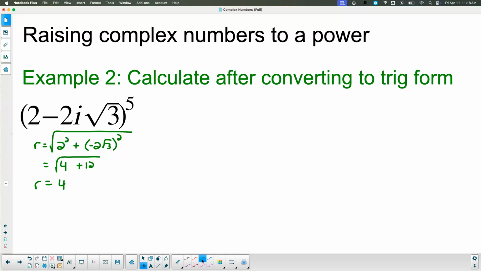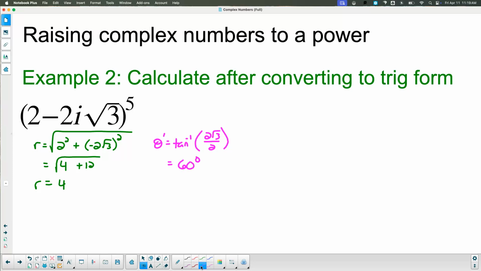Okay. Then I'd have to figure out my inverse tangent. So that's really just the inverse tangent of the square root of 3. Is that 30 or is that 60? That's 60. Okay? So that's 60 degrees.